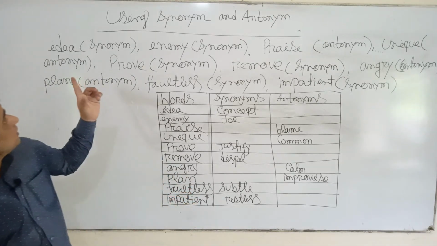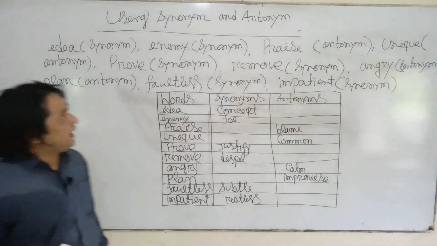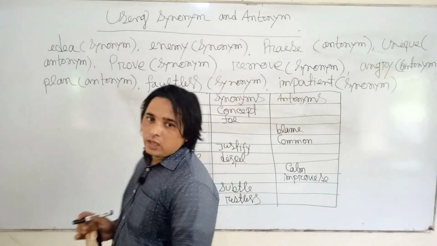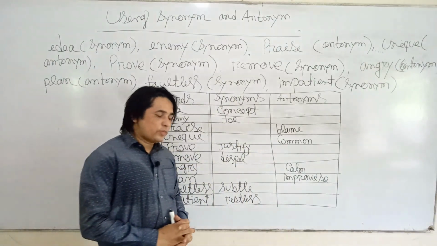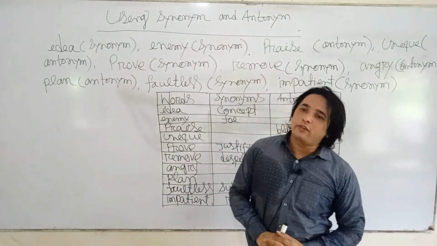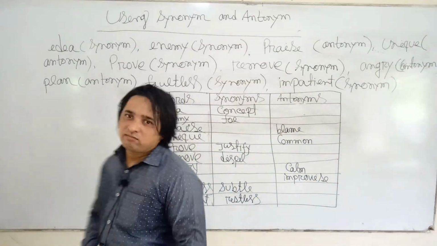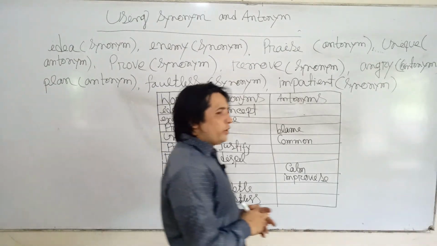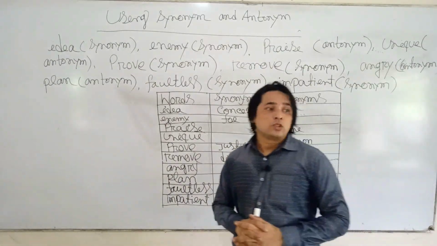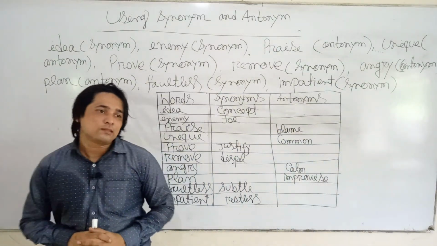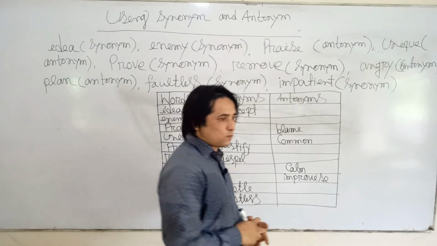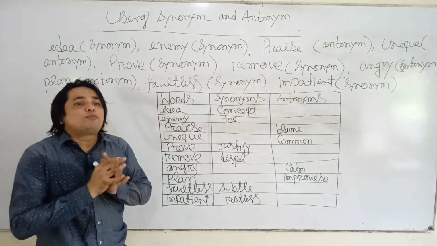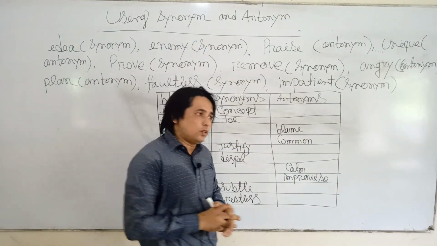That is, using synonym and antonym. I told you before that if you want to do good in this part, you must enrich your vocabulary. I am repeating it more than twice. How can you enrich your vocabulary? Just go through English diaries, English magazines, and online articles in English, and try to find out the meaning of the words that seem very difficult or you don't know.